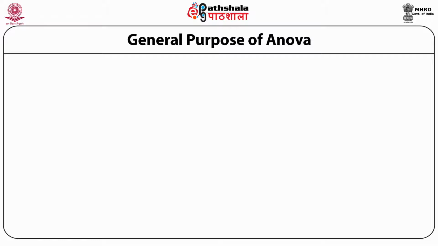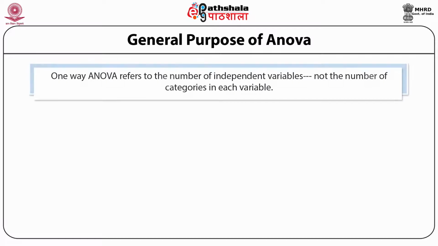Since this chapter is about the summary of analysis of variance, we will be summarizing various ANOVA techniques which have been described in the previous modules. In one-way ANOVA, the 'one' refers to the number of independent variables, not the number of categories in each variable.